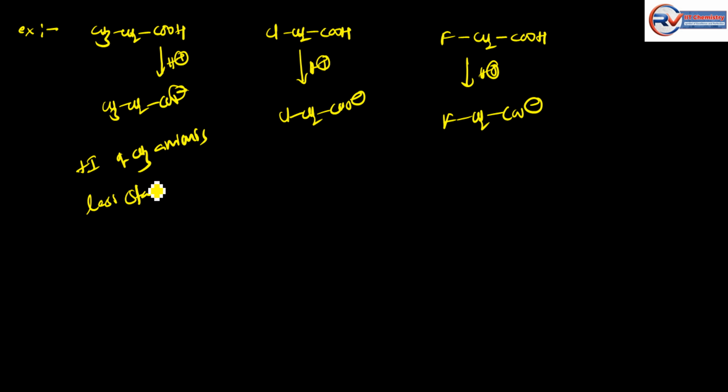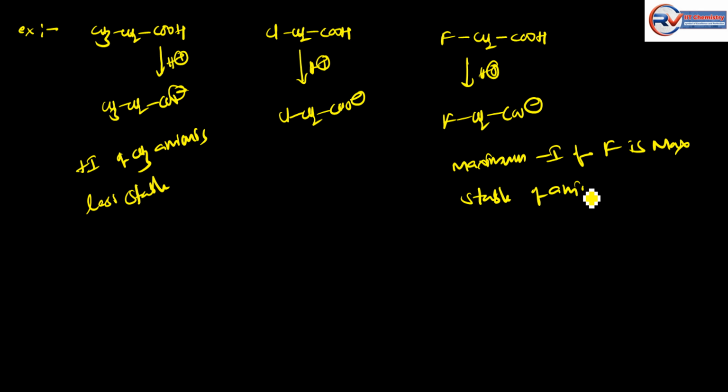The negative inductive effect of fluorine is maximum, so the anion is most stable, and the corresponding acid is maximum acidic. The fluoroethanoic acid is the most acidic due to the stable anion formed. This is the first example.